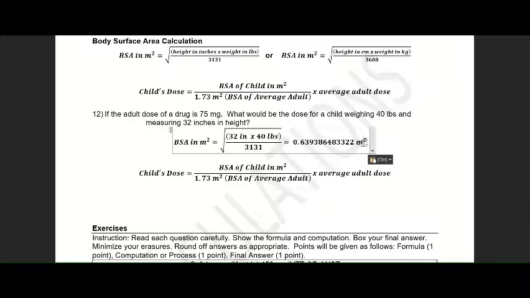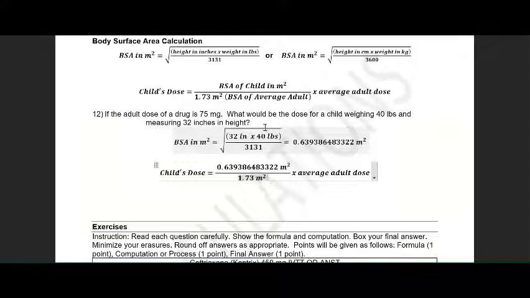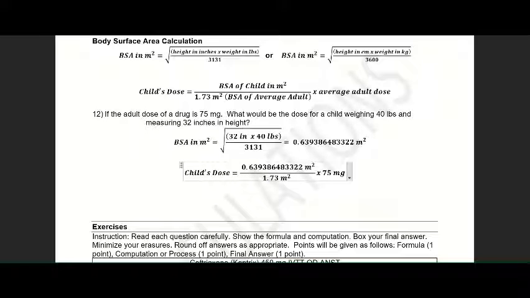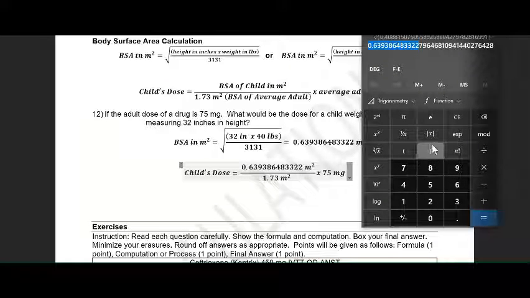Now, with that value, we'll be able to use the formula below. So let's have 0.639 meters squared divided by 1.73 meters squared times the average adult dose, which is 75 milligrams. With that, pull up the calculator, and then you just divide by 1.73 and then times your 75.